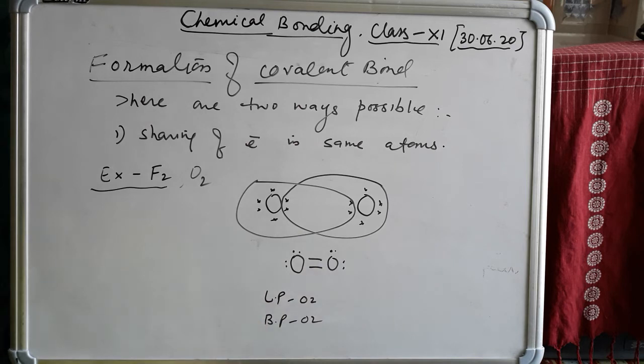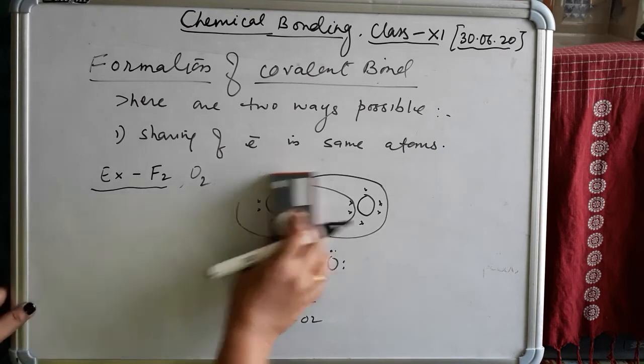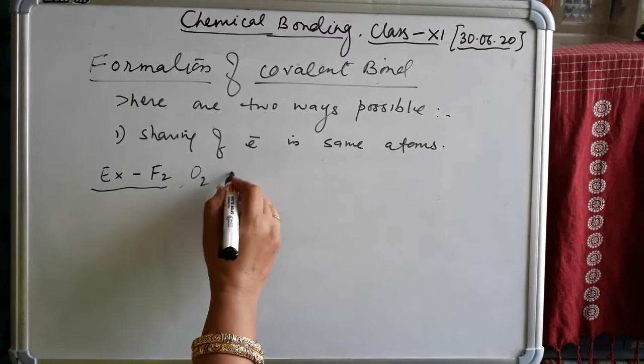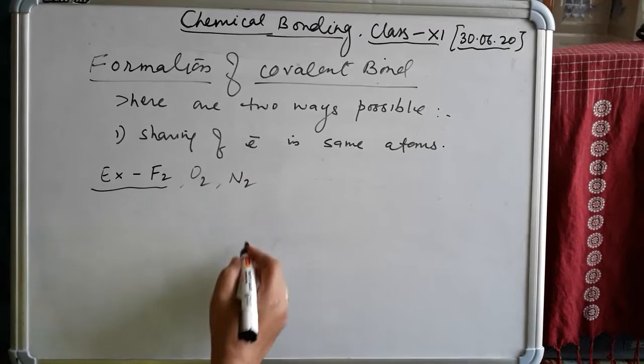So sharing of electrons makes the bond between two atoms. If one electron is shared, a single covalent bond forms. If two electrons are shared, a double bond forms. If three electrons are shared, suppose we take nitrogen.